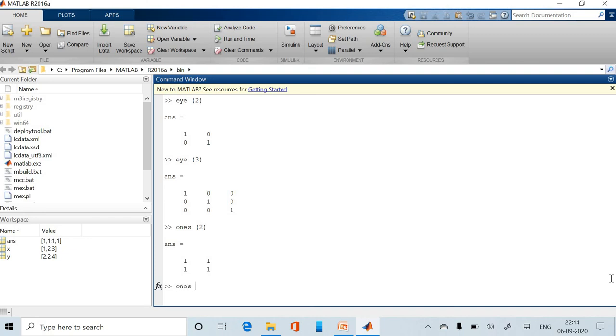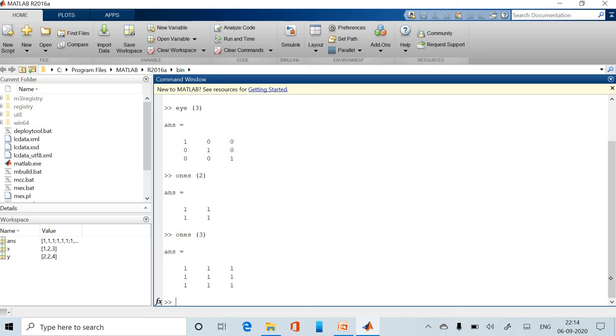Now suppose you write ones bracket 3. Now you are getting all ones. Now again for zeros, if you want all elements in the matrix to be 0, just type zeros bracket, suppose 3. So you are getting all the elements as 0.